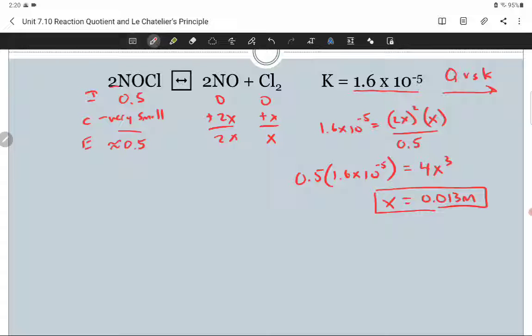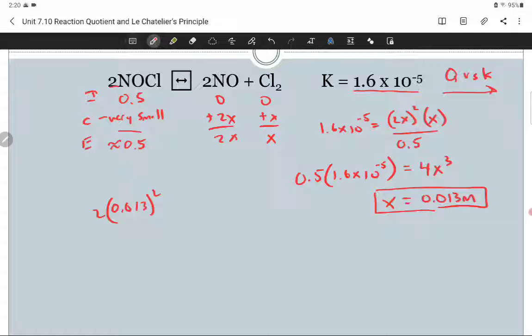But let's go back and take a look at where we're able to make this assumption. So let's do our equilibrium expression. 2 times 0.013 squared.